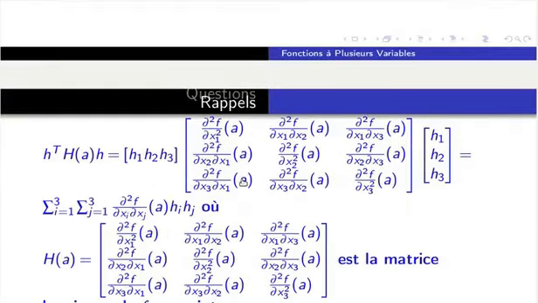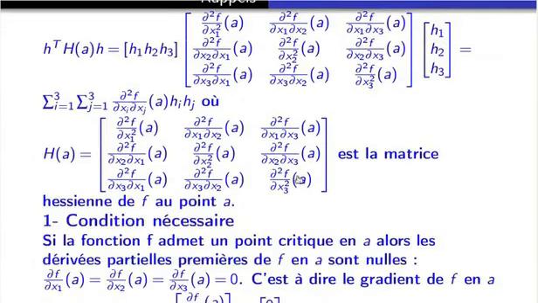That is, h transpose times the Hessian matrix of f at point a times h, where the Hessian is the matrix formed by the second derivatives of f at point a.